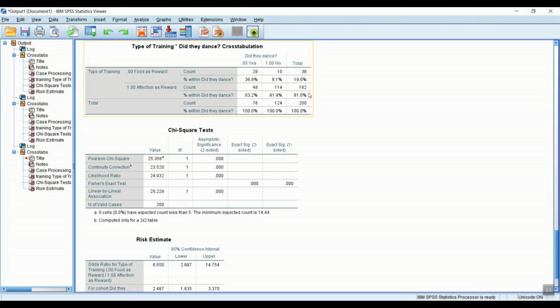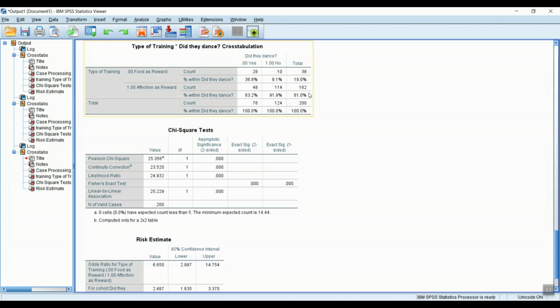So the way that we get relative risk depends on which outcome we're looking at. Some references will advise recoding the data so that the relative risk is always greater than 1. However, it's important to take into consideration the message that you want to deliver. In the above example, it might make sense to drive home the message that cats who are not given food as a reward are 63% less likely to dance.